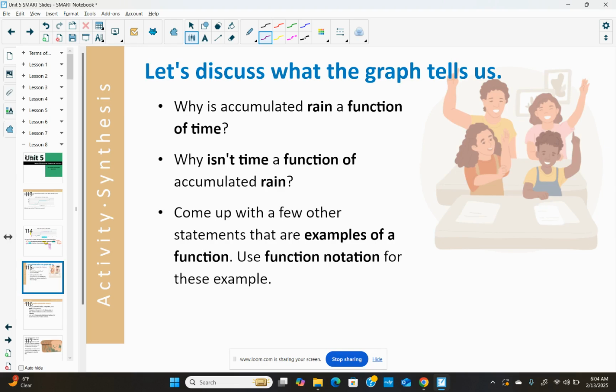Now let's come up with a few other statements that are examples of a function and then use function notation for these. If we're saying that rain is a function of time, we could write that like this. We could look at a rain value. We want to come up with the rain after 6 days, and this is from our output.